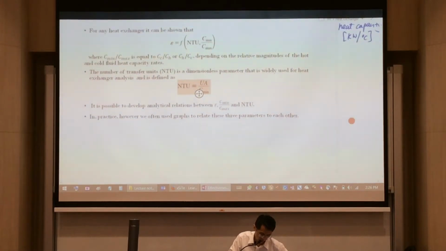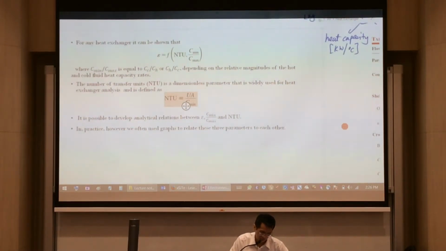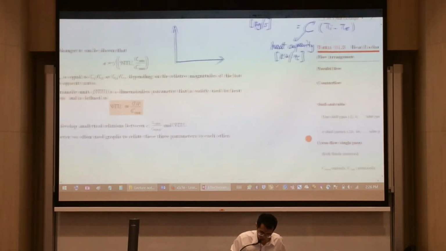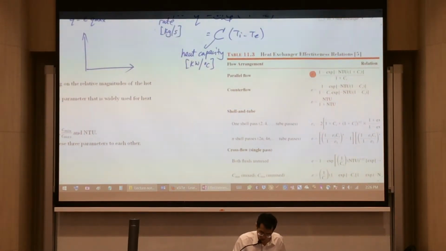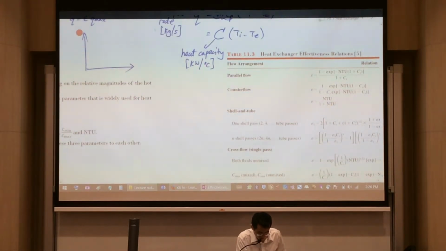But now, as what you have seen in that set of equations, if I were to plot this set of equations over here, say for example parallel flow. Now this is epsilon. I'm going to sketch in terms of the axis of epsilon, effectiveness, and the x-axis as NTU, number of transfer units.